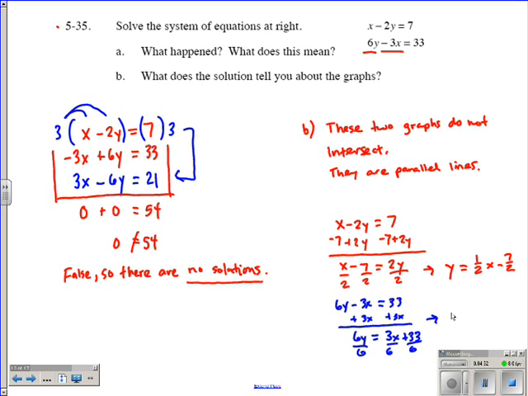And what we end up with is y is equal to 1/2 x, and 6 goes into 33 5 times, so it would be plus 5.5. And these are parallel lines because we have the same slope but different y-intercept.